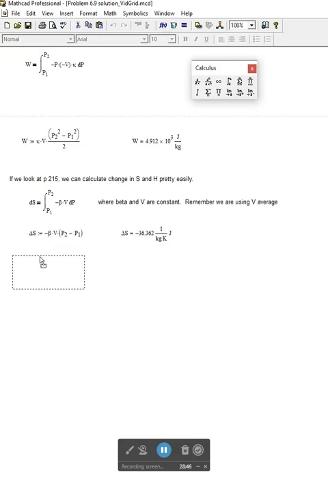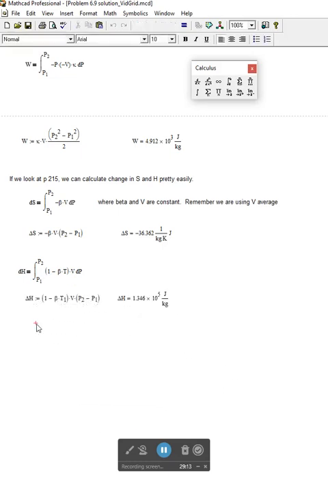Then we can use the equation on the same page. This is our enthalpy calculation. So dH is equal to the integral from P1 to P2 of (1 minus beta times T) times V dP. Beta is constant. This is an isothermal process, so T is constant. And remember, we're assuming V is constant at the average volume.